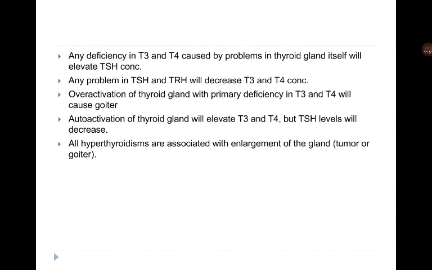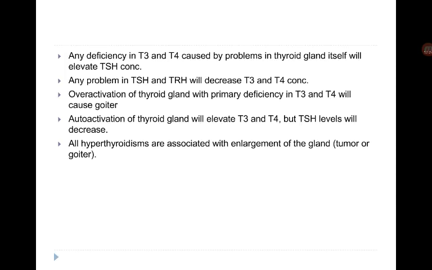The first note says any deficiency in thyroid metabolic hormone due to a problem in the thyroid gland is going to activate TSH secretion. Why? It's simply a negative feedback mechanism. So we have low thyroid hormone levels, TSH is going to be activated. The problem here is in the thyroid gland itself. TSH is going to activate it, but there is no response from the gland.